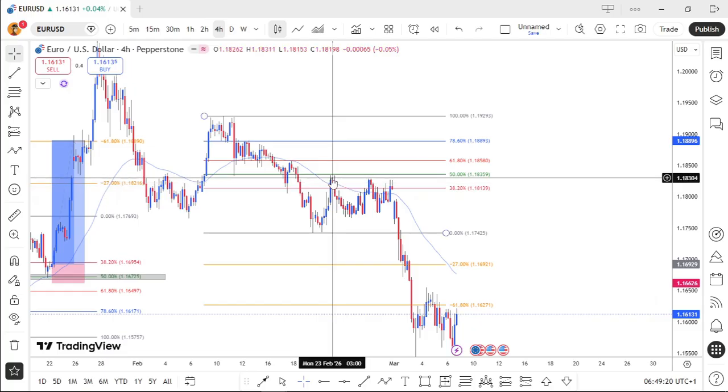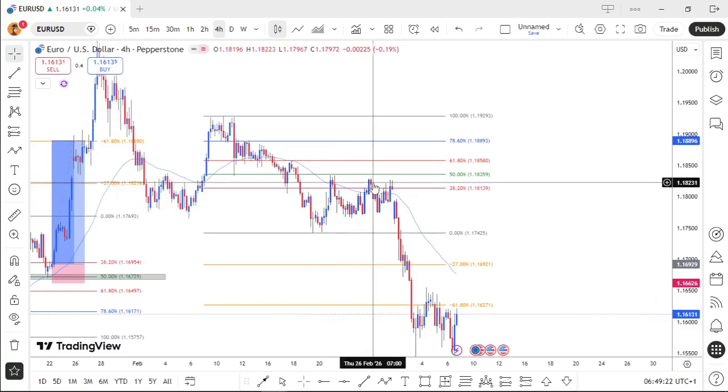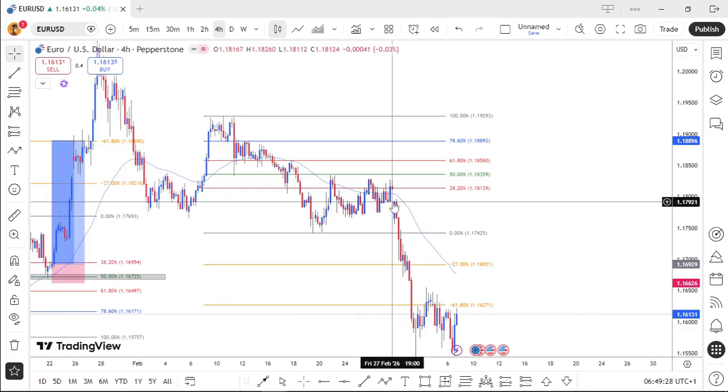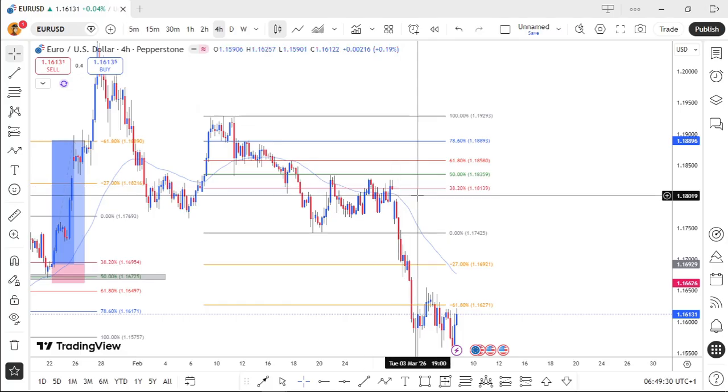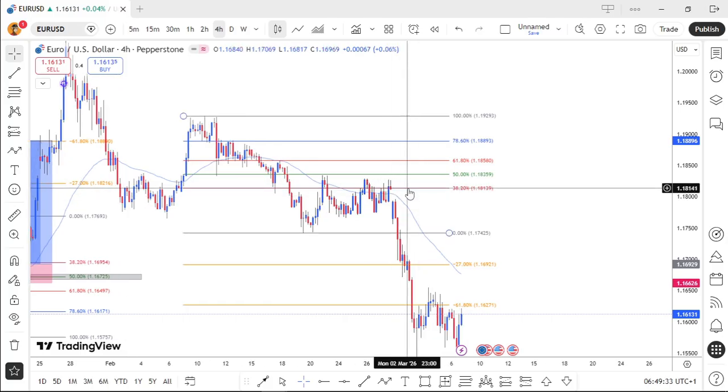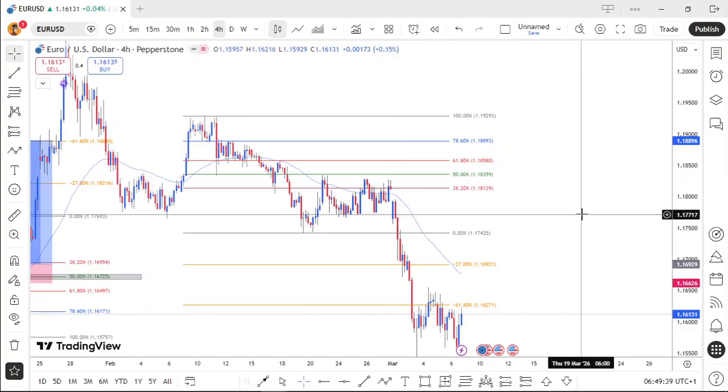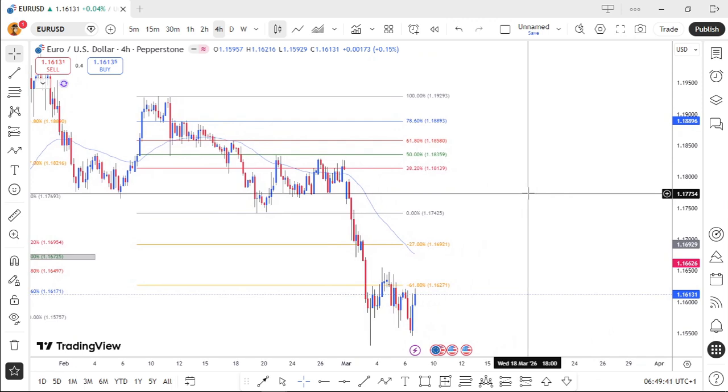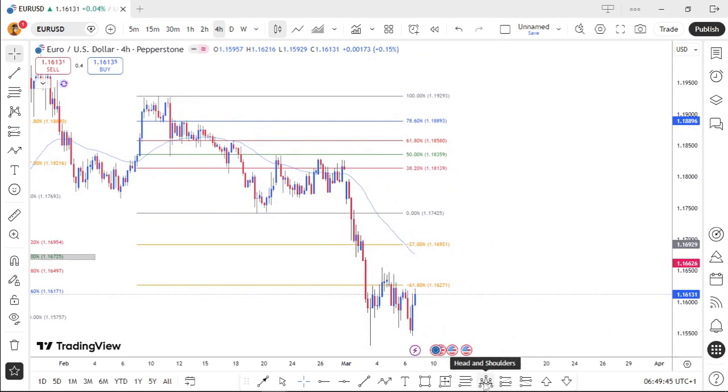The market came and rejected, came again and rejected, couldn't break there, and came again and rejected. On the last rejection, the market created a pin bar, which is a shooting star candle. When you see a shooting star, that tells you that the market has rejected and wants to resume its original movement.